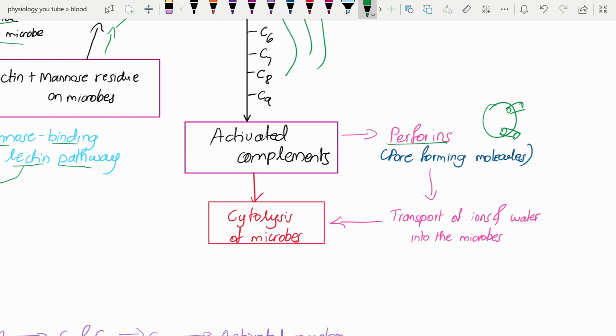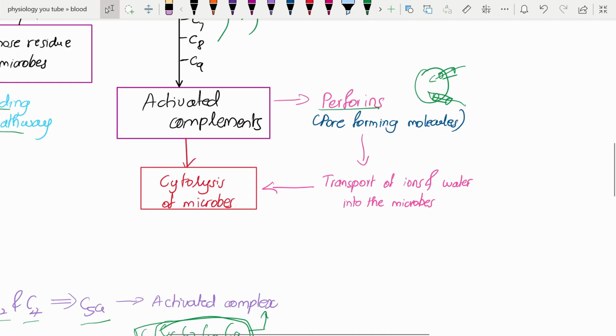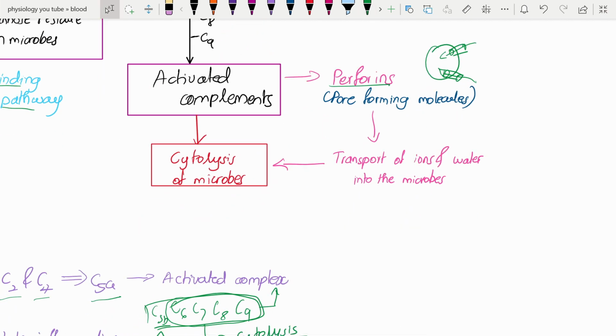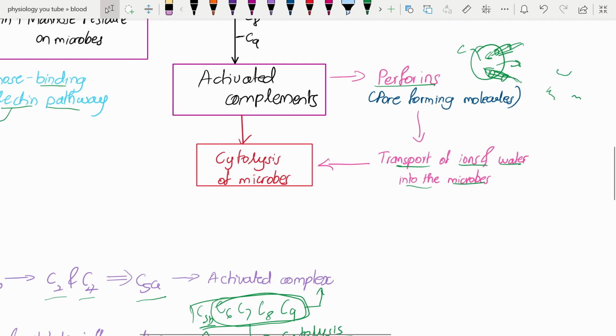Once there is formation of the pore, the surrounding things will enter inside, for example the transport of ions and water into the microbe. If excess water enters, what happens? The cell or the microbe will burst. So once it has burst, what remains? Nothing remains. That is the process.